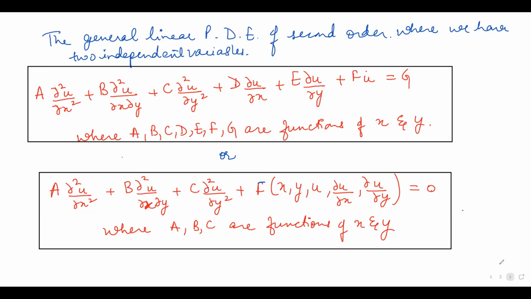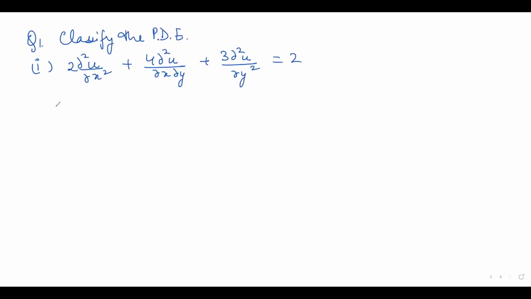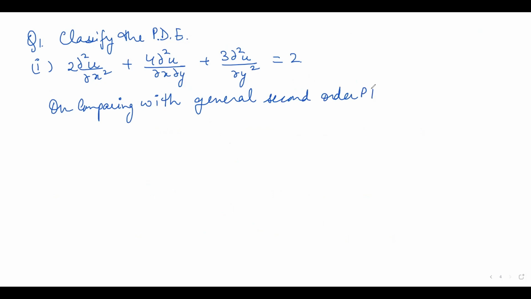So on comparing with the general second order PDE, we get that A is equal to 2, B is equal to 4, and C is equal to 3.